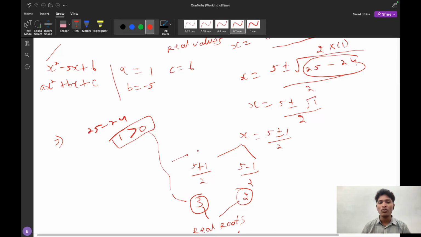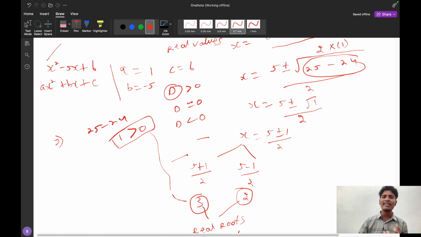After finding the entire roots, you will not be able to decide easily. It is a lengthy process to decide what is the nature of the roots. So it is better to use the value of d: if the d expression is greater than 0, if it is equal to 0, or if d is less than 0.